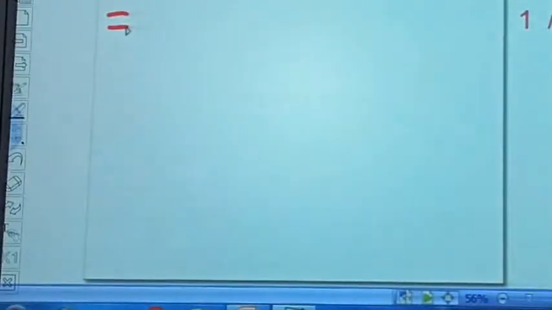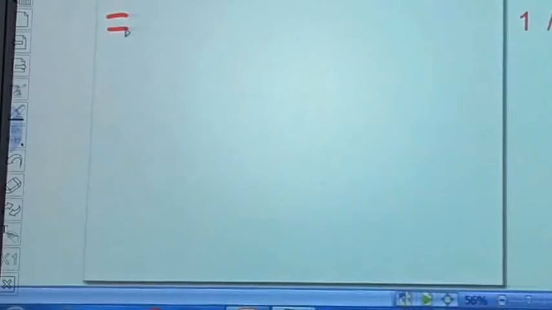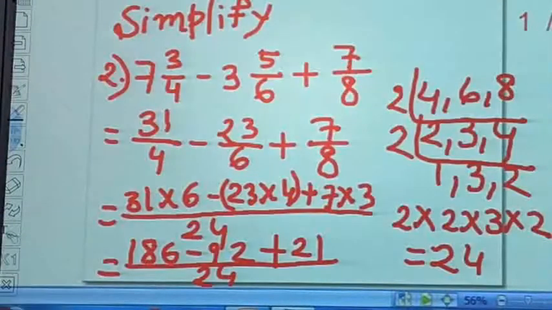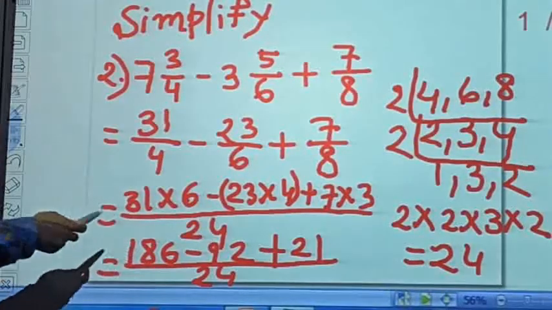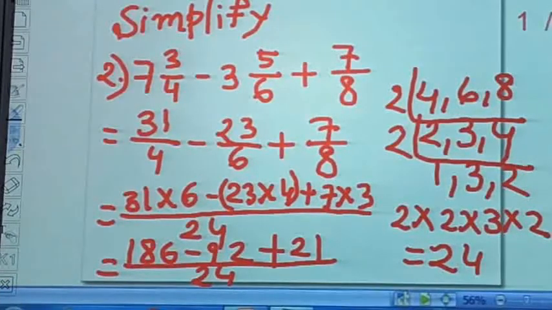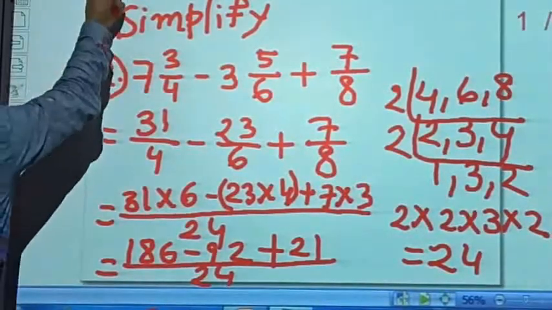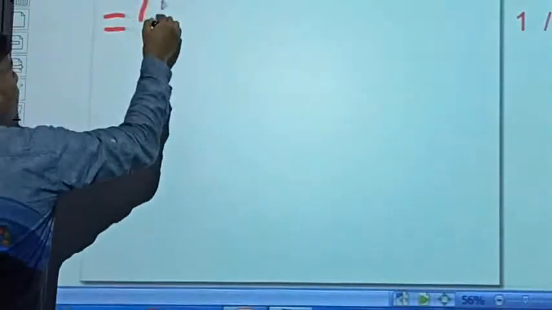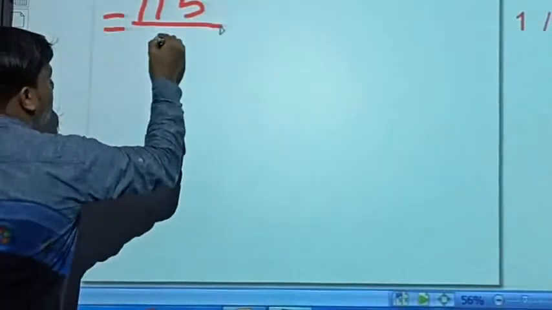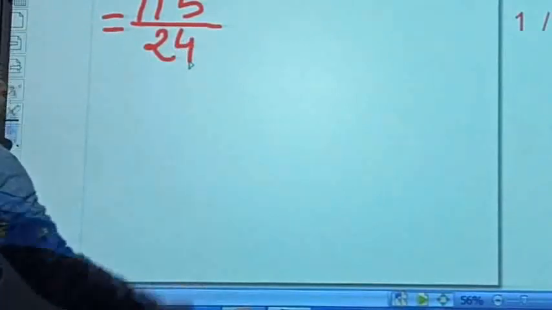Next. So 186 minus 92 plus 21 is equal to 115 by 24.